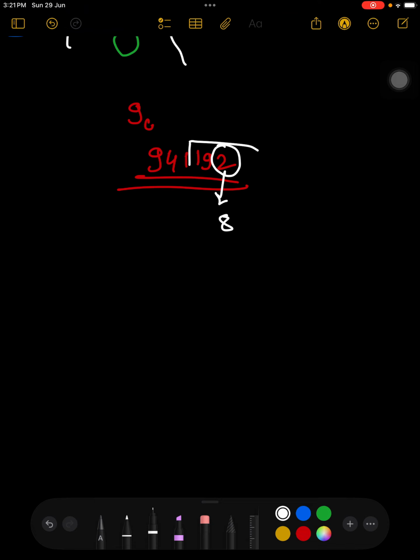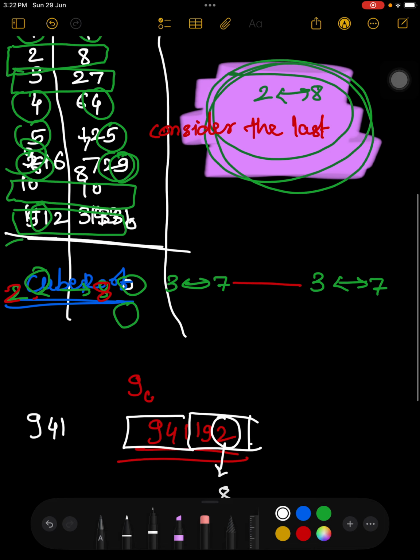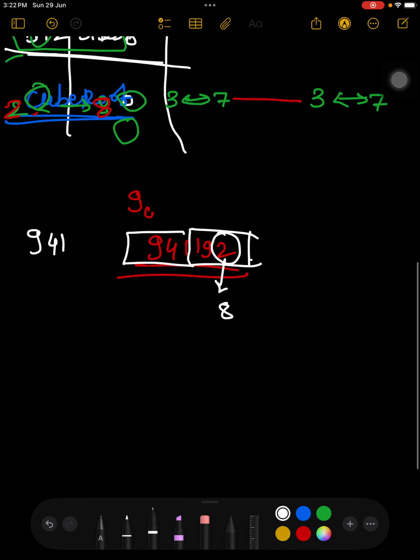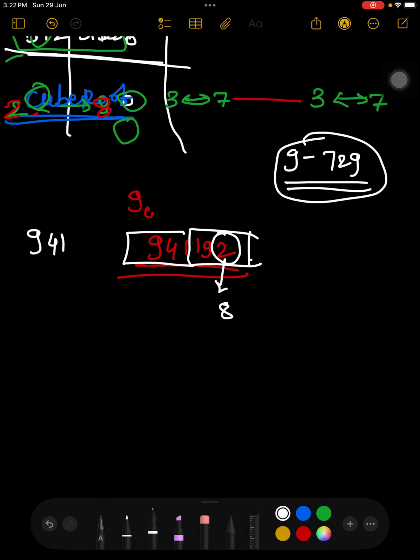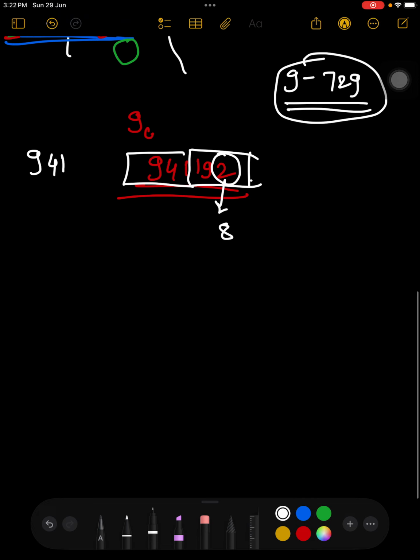Now leave the last 3 digits, and whatever remains is 941, right? Then which is the largest cube that can be subtracted from it? It is 9, right? 9 cube is 729. So write down 9, and this is the cube root of this number.